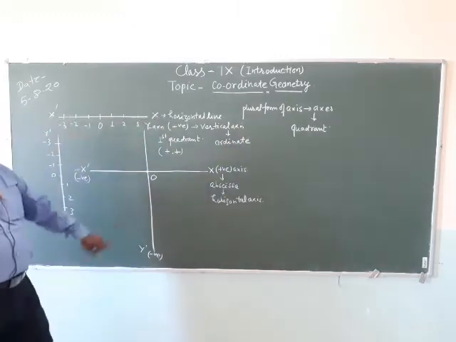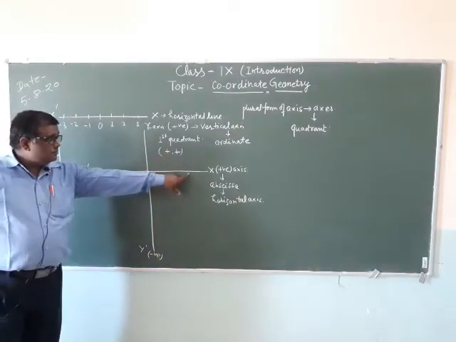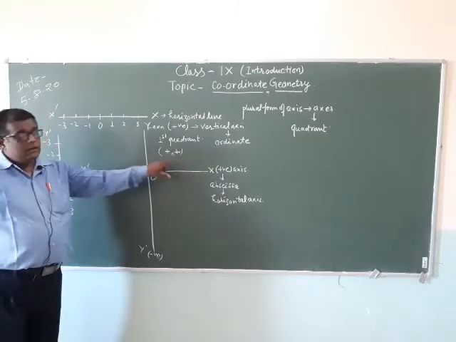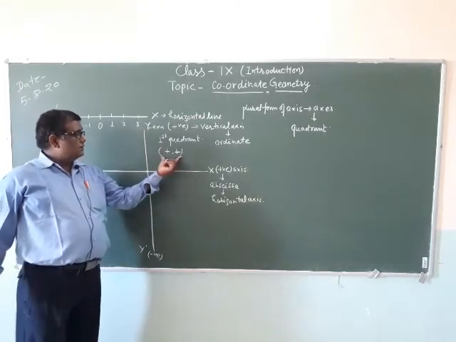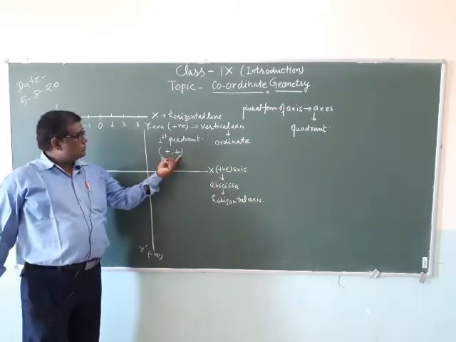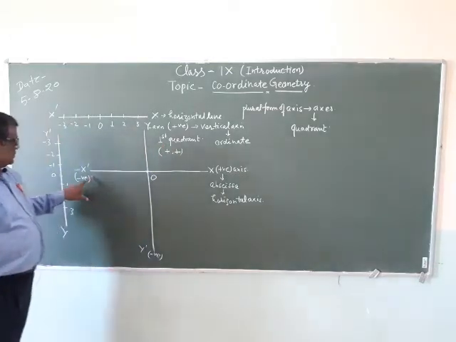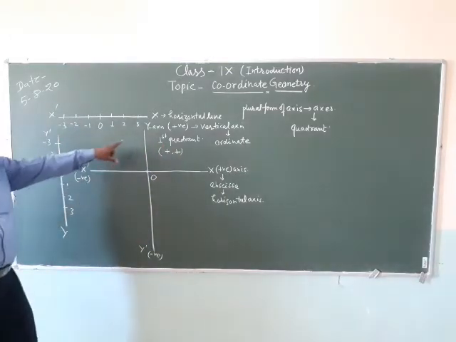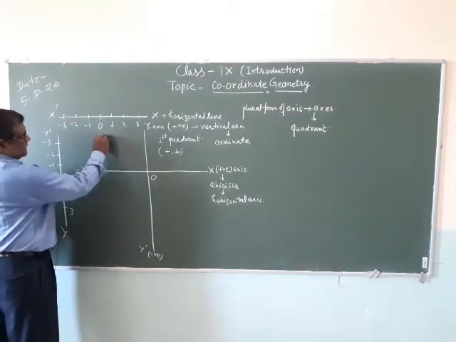Now in this, between the positive direction of x axis and the positive direction of y axis, if this point is positive, so it is in first quadrant. Now here look, x is negative, y is positive, so this is second quadrant.